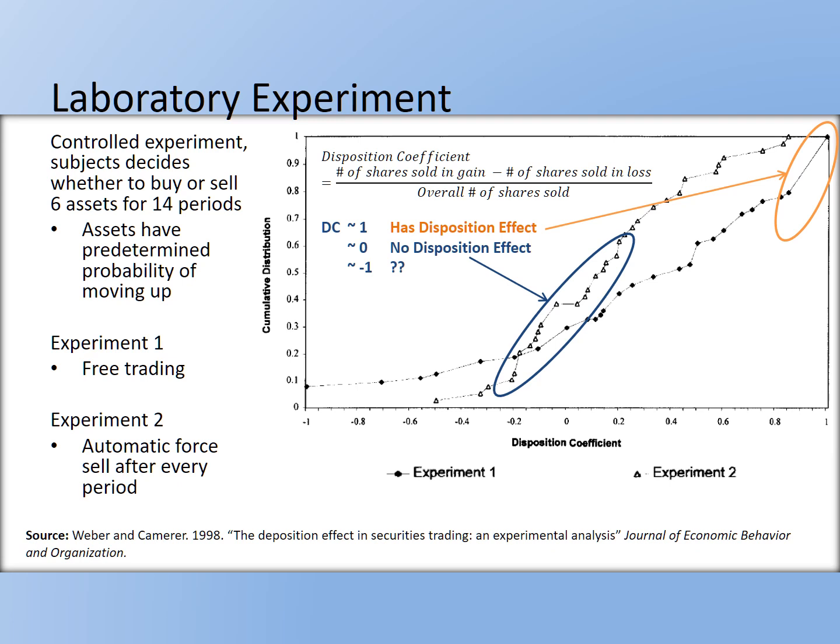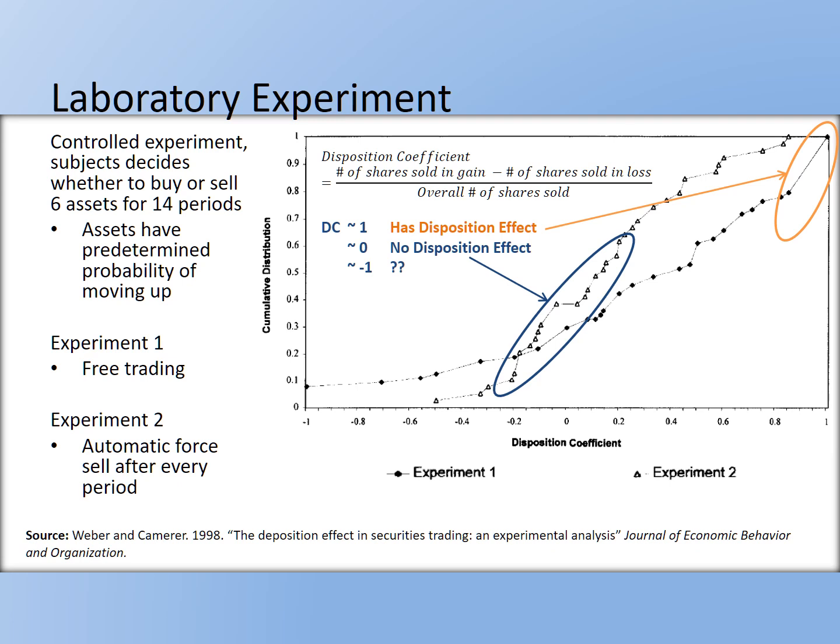Notice that the line we have just now is experiment 2, with automatic forced selling, and then the line here, the empty triangle line, is the line where the subjects can do whatever they want with no forced selling. And here you actually see a lot less. Sorry, the other way around.